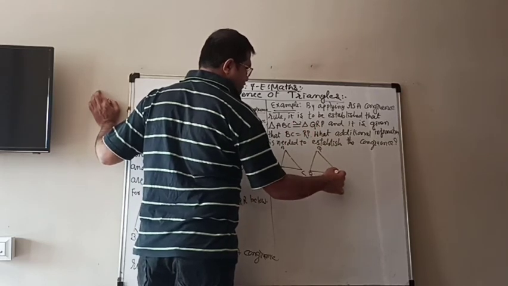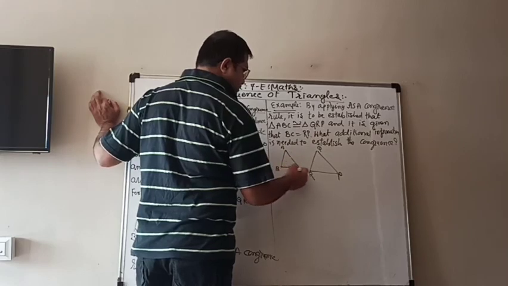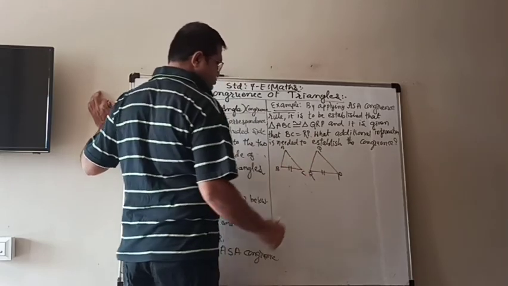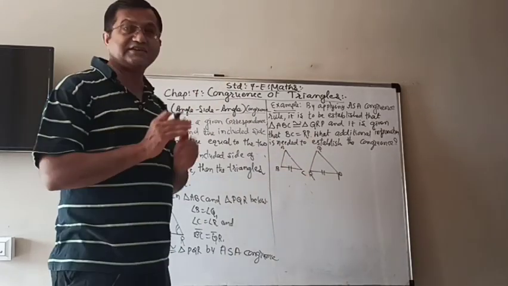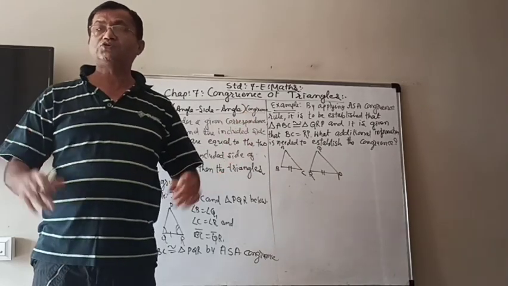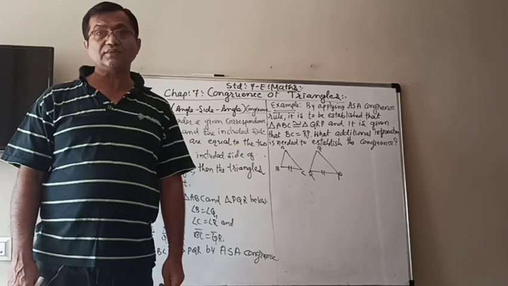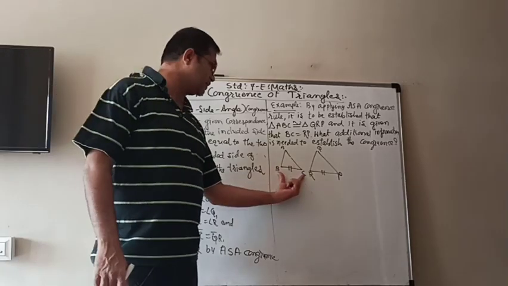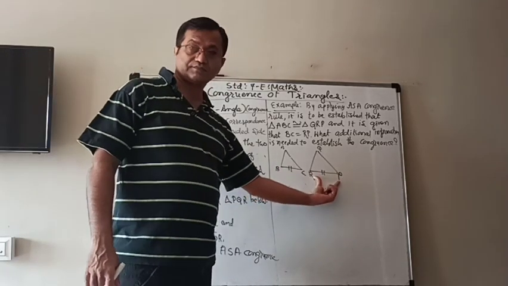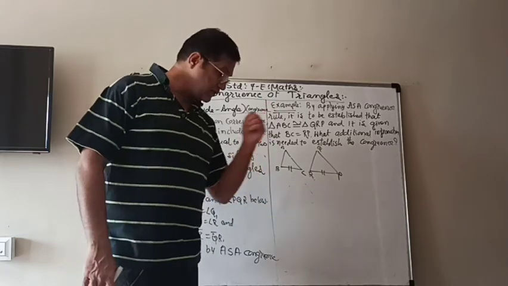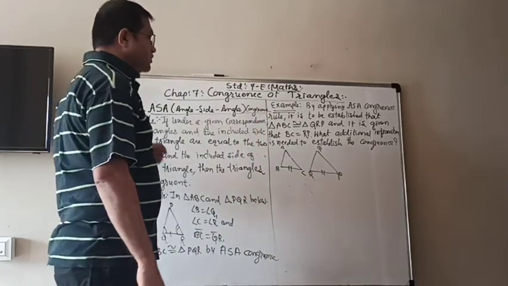Given that BC equals RP, the side is given but the two angles are not given. So which two angles do we have to take? We have to take those two angles, and then only can we establish the congruence rule.